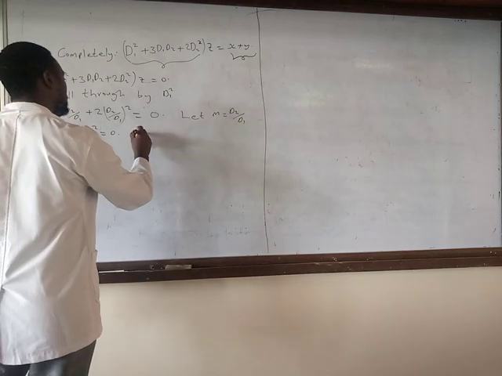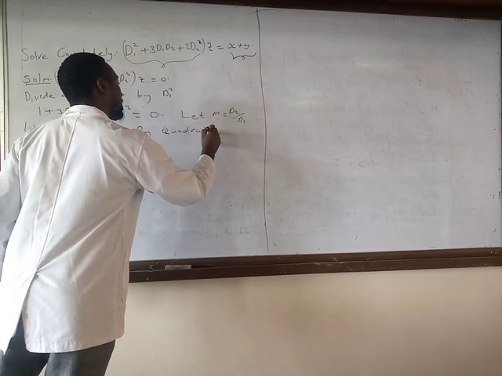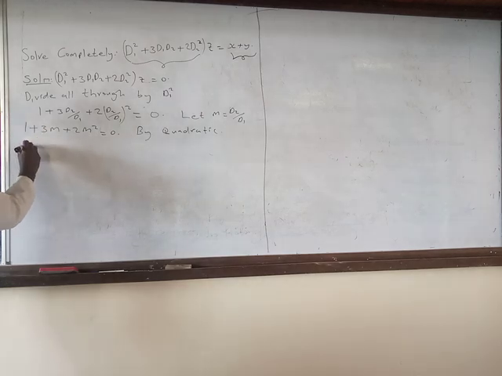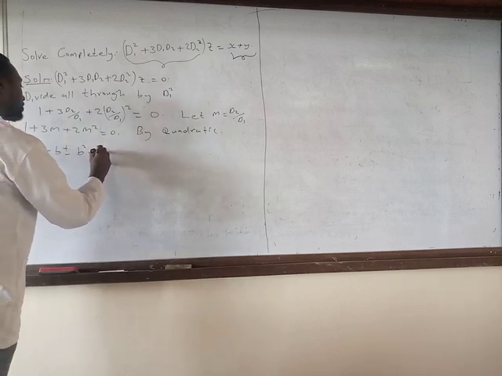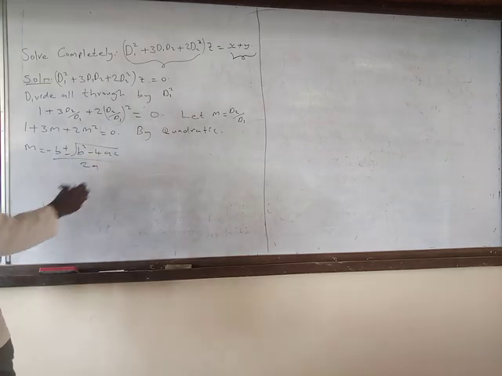So by quadratic formula, we have m equals negative b plus or minus square root of b squared minus 4ac, divided by 2a.